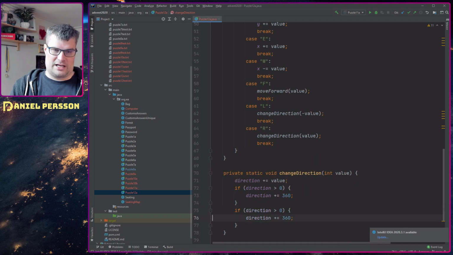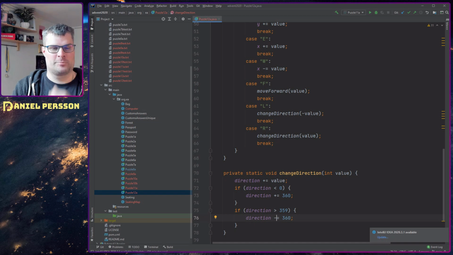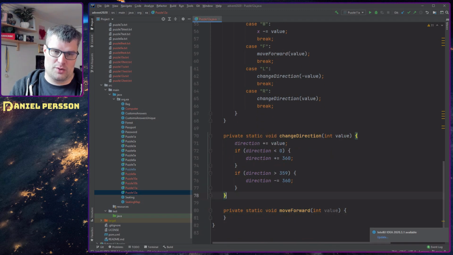And if the value is more than 359, we will decrease it with the same value. So that means that we can handle when we are flipping to lower or higher values in the direction.